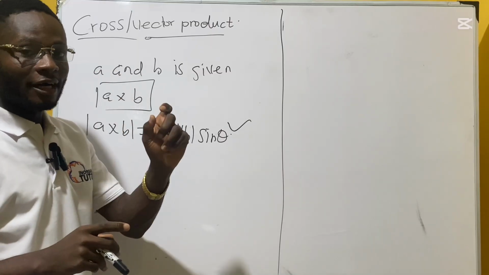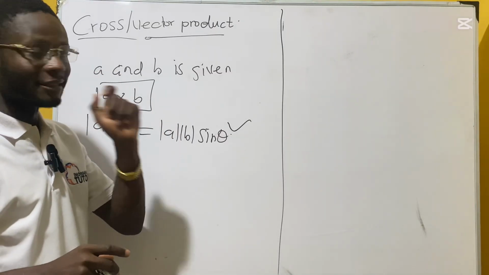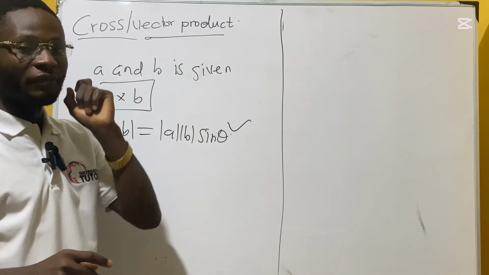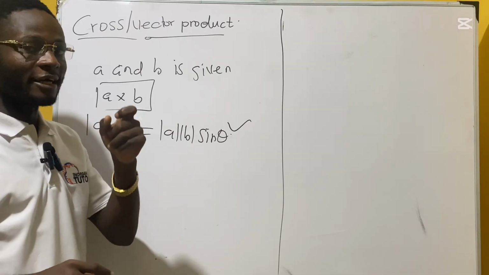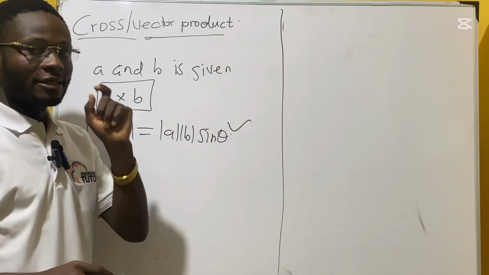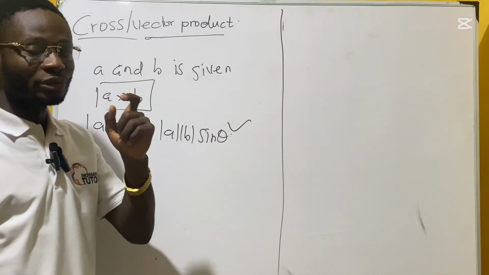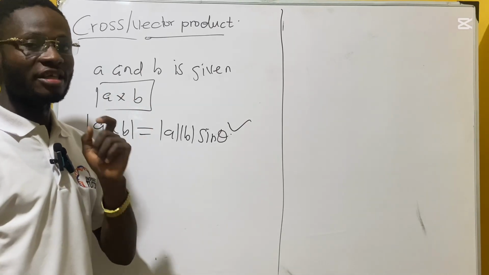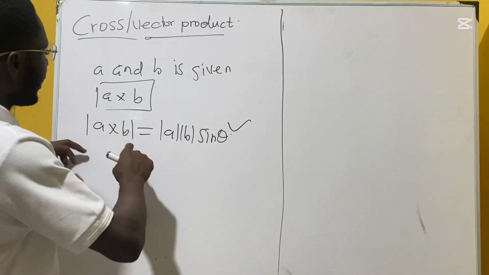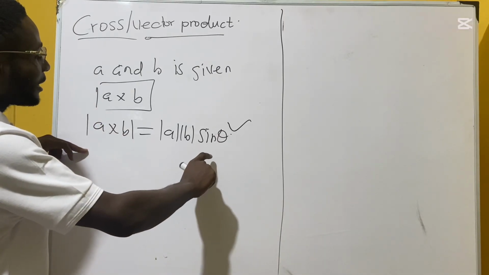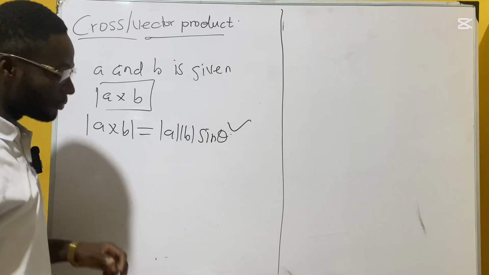The angle between them is sine theta when we talk about vector product or cross product. But when we talk about dot product, the angle between them is cos theta. Now, these are measured from A to B.